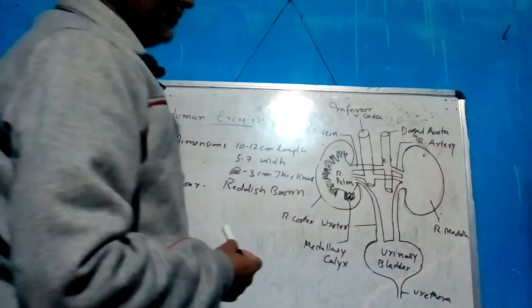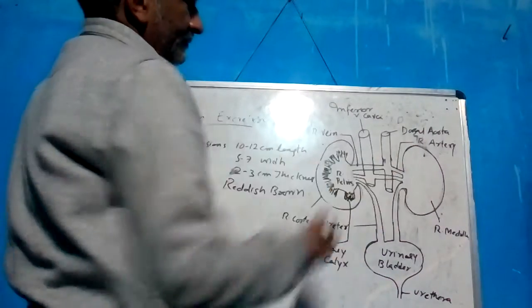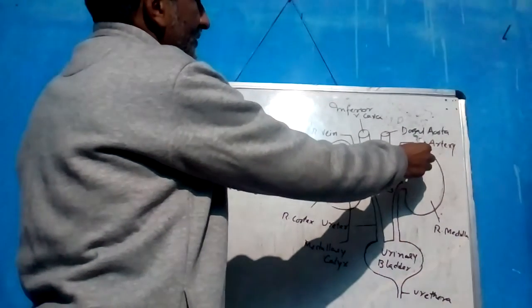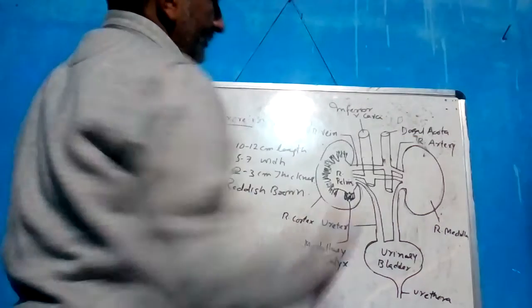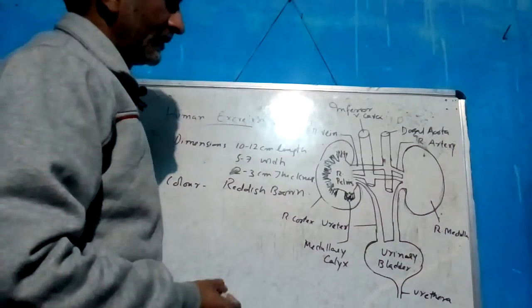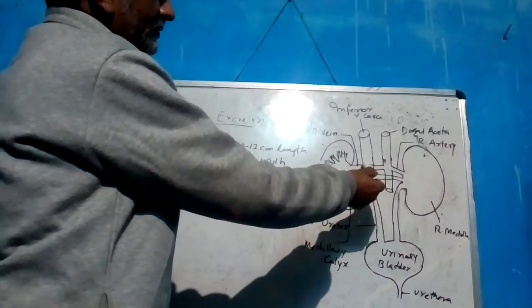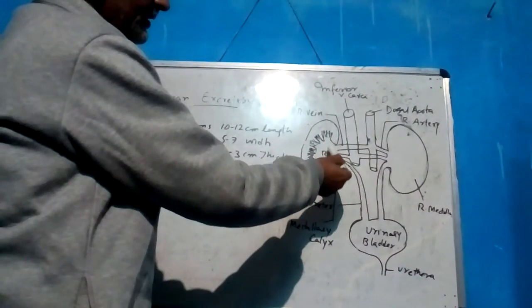These two kidneys get blood through respective renal arteries which branch from the dorsal aorta, and these renal arteries enter into the kidney.